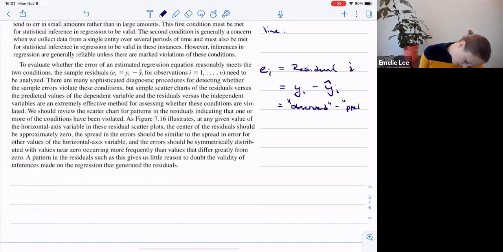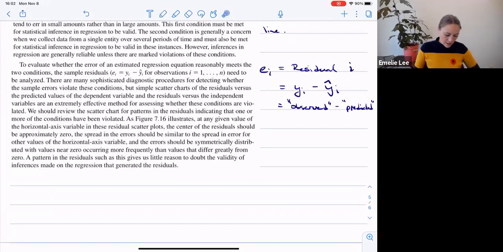Once you have your regression equation, it's usually very easy. You just ask for the residuals and they'll have been calculated and given to you.